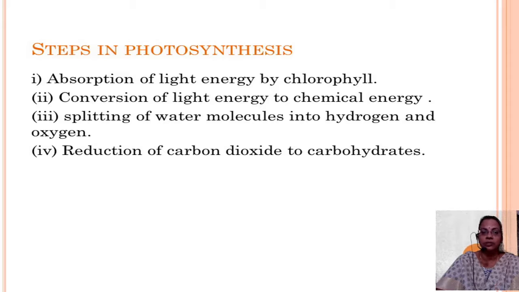Then in the absence of light, at night, that will be converted, and finally starch will be synthesized. So that is light reaction, the light dependent reaction. The first half of the reaction requires the presence of light. The second half does not require light, hence it is called dark reaction.